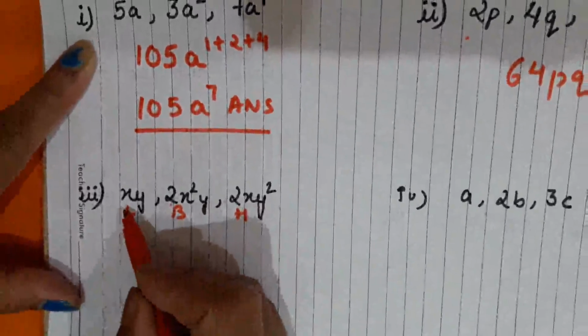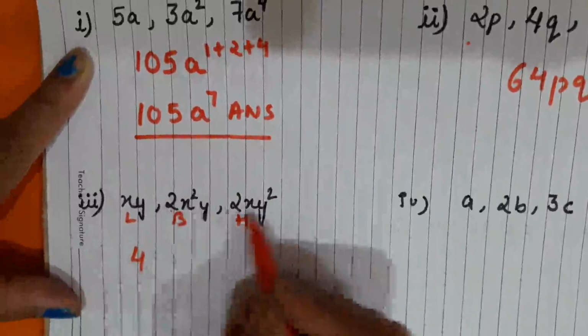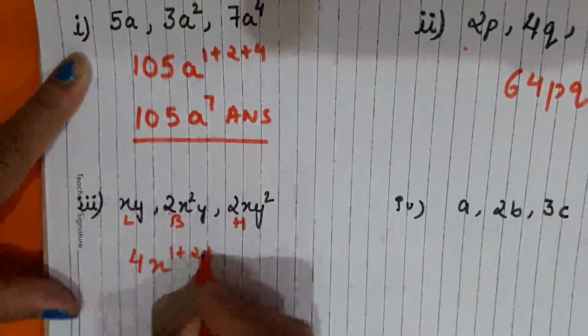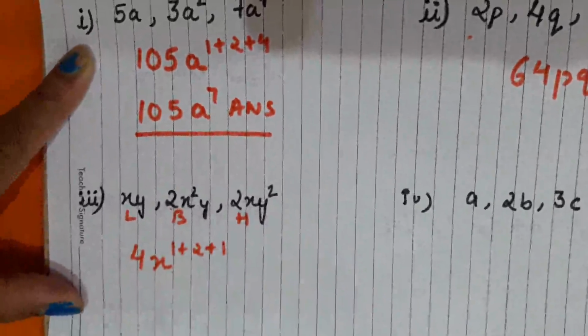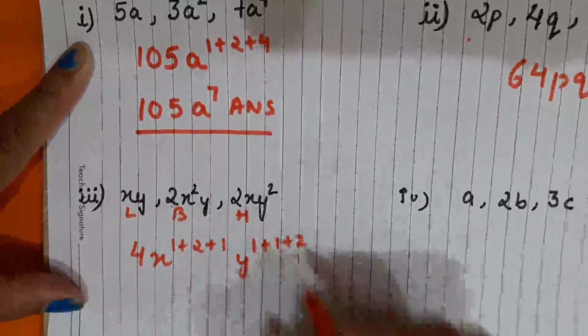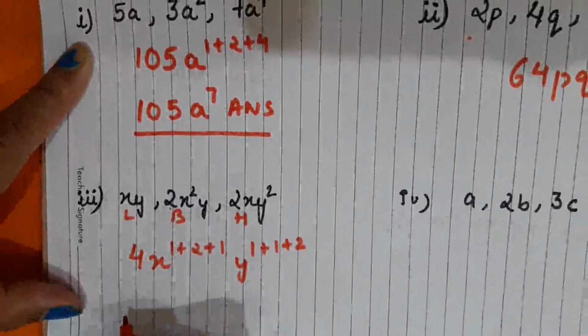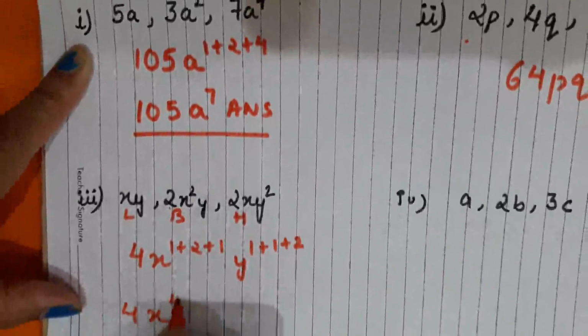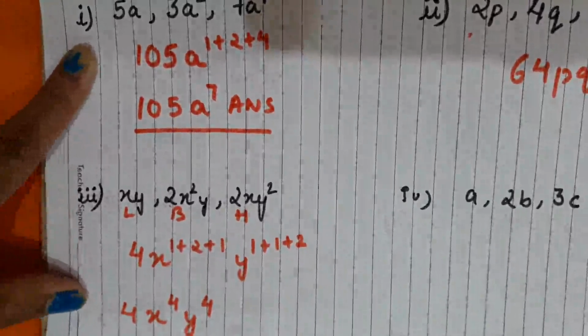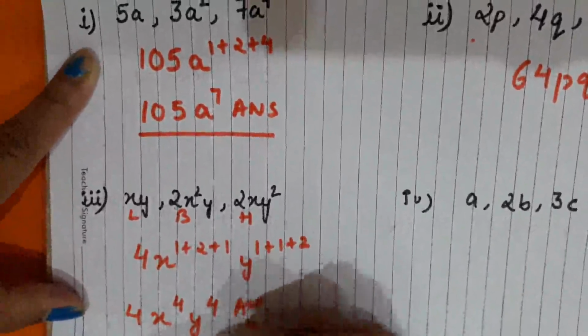Now x: 1x, 2x and 1x, so you can write 1 plus 2 plus 1. Then y is 1 plus 1 plus 2. In this way you can add the powers. So 4, x ki power 4 and y ki power 4. Okay, so this is your answer.